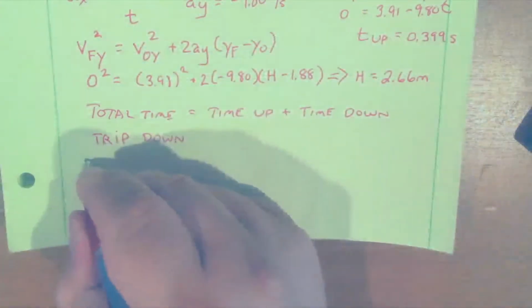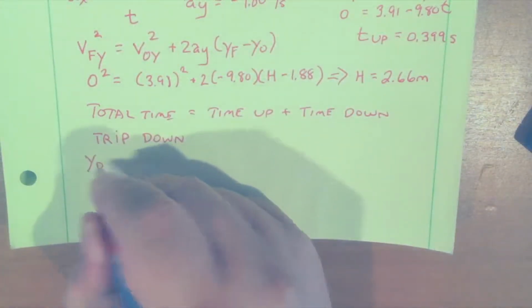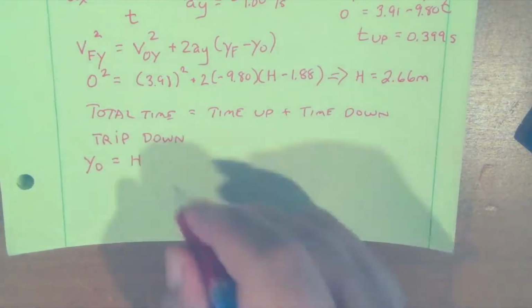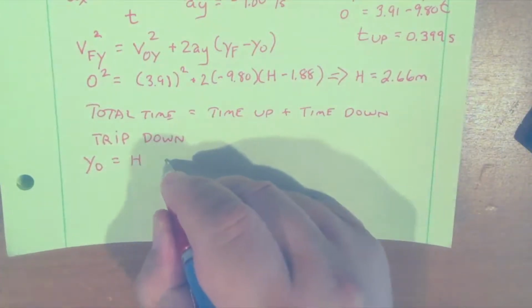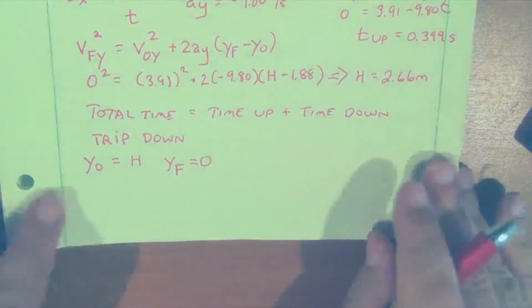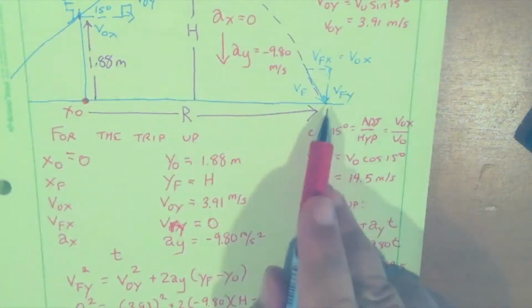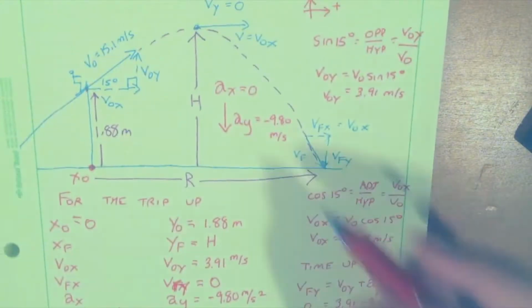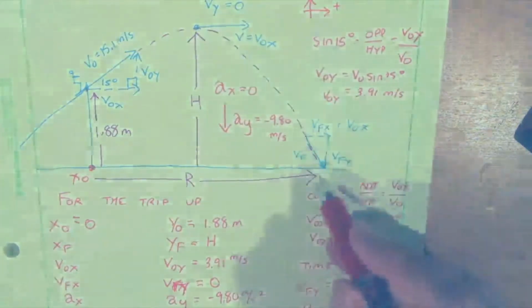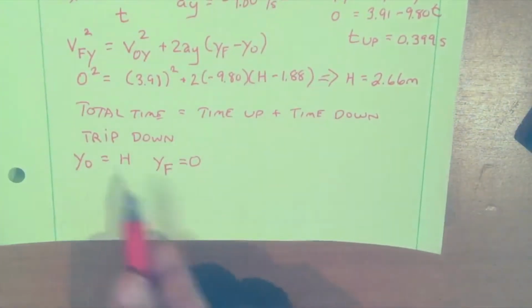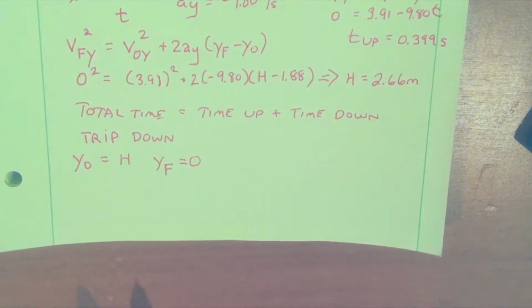Well, on the trip down, the initial y position is the height. On the trip down, the final y position, in other words, right here, is going to be 0. We start here, we finish here. So our starting y position is going to be the height. Our final y position is going to be 0.